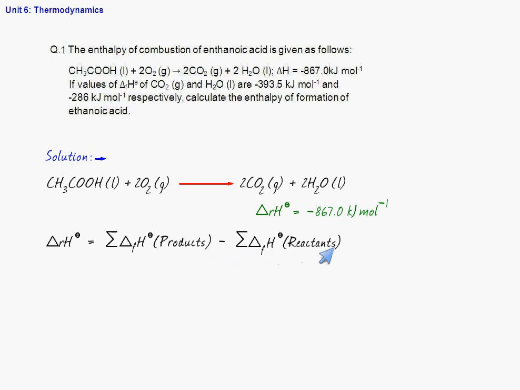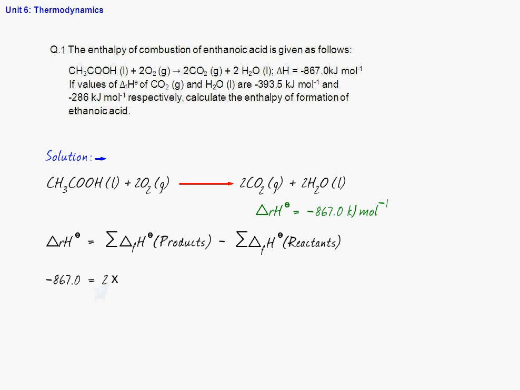Okay, so in this case minus 867.0 is equal to 2 into enthalpy of formation of water plus 2 into enthalpy of formation of CO2 minus enthalpy of formation of acetic acid minus 2 into enthalpy of formation of oxygen.